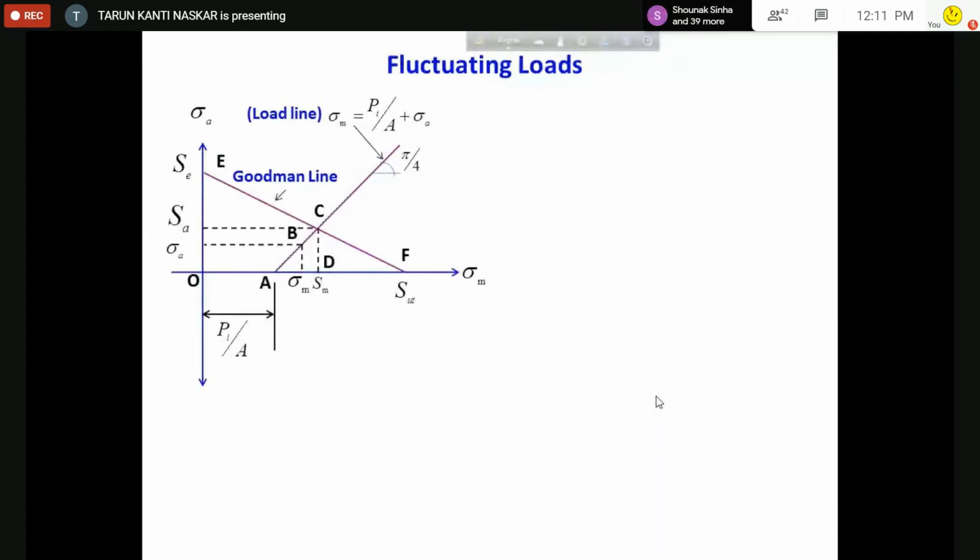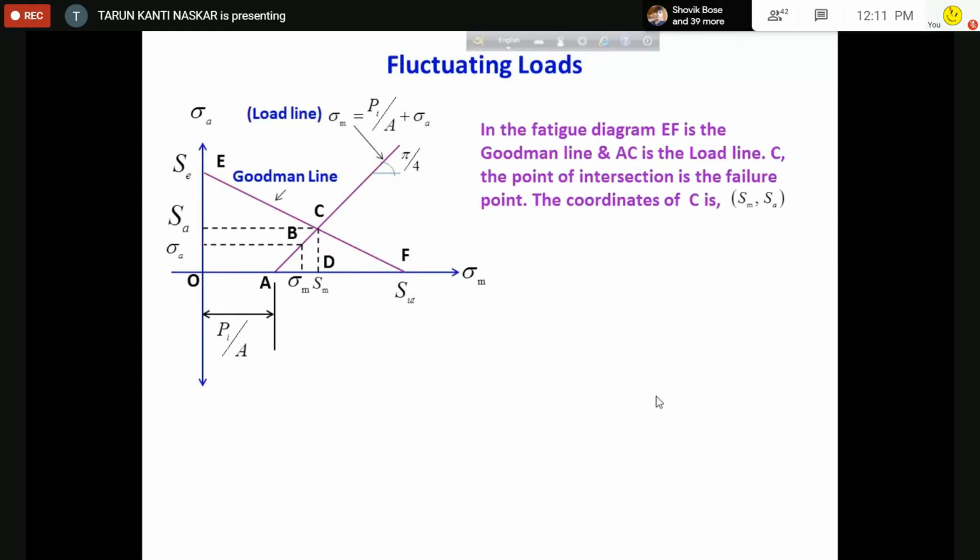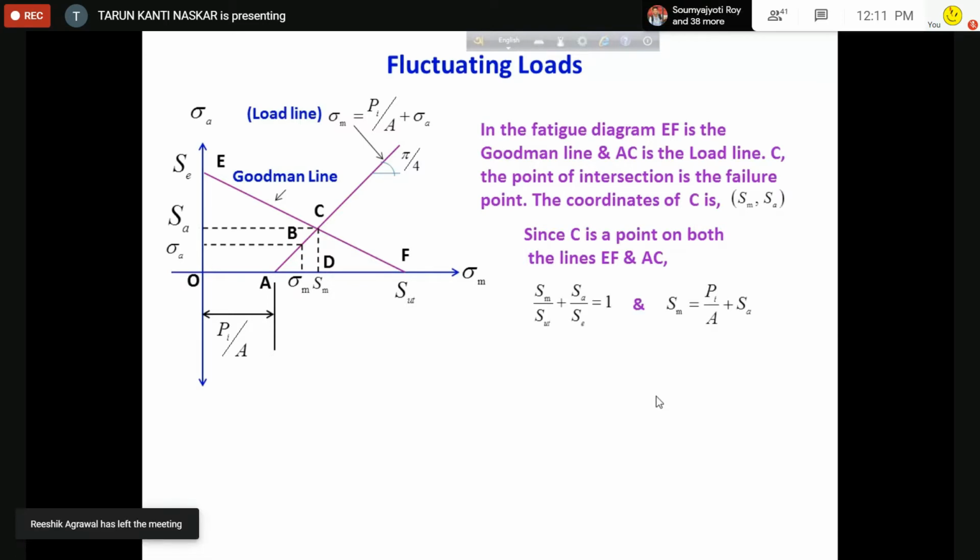Now this Goodman line and load line, the point of intersection C, the coordinates of the point of intersection are known, and since it is a straight line of equation x by a plus y by b equal to 1, from this we get these two equations, since the point C is common to both the straight lines F and AC.